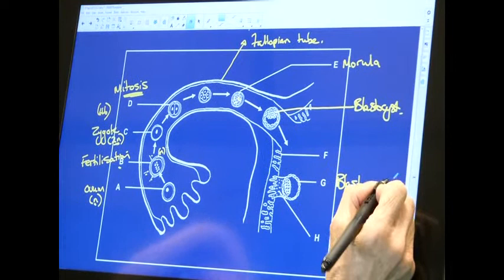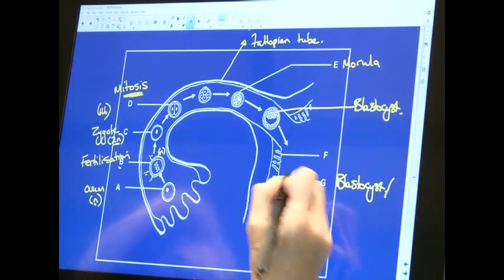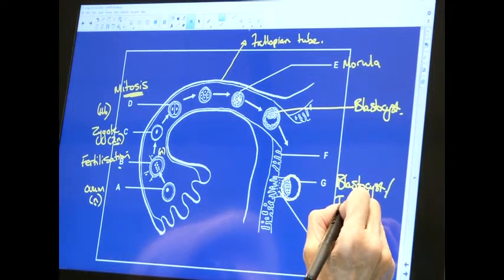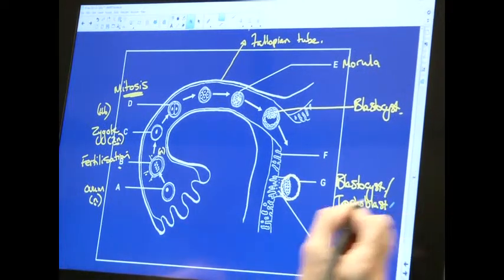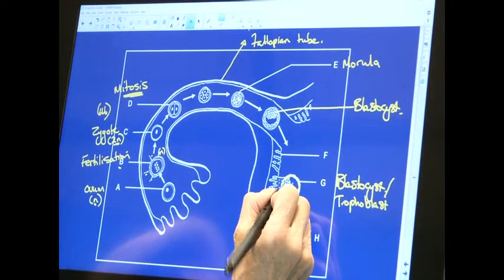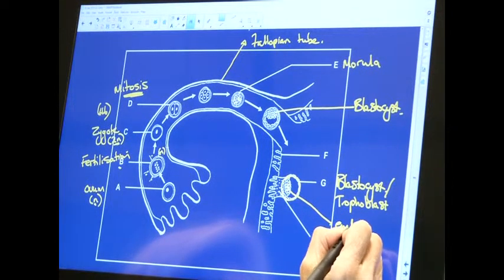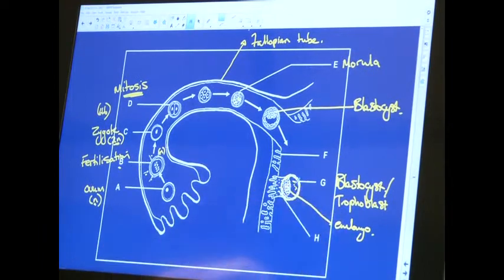So blastocyst, or it could be this outer membrane around the blastocyst, which would be called the trophoblast. And this little ball of cells here is going to develop into the embryo. Okay, and this here is the blastocyst cavity.